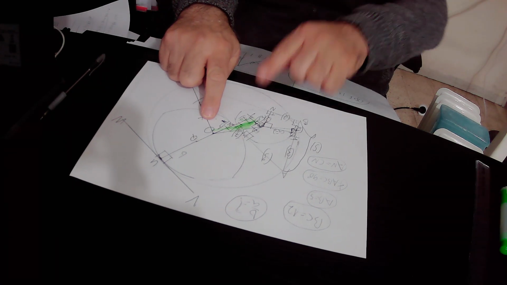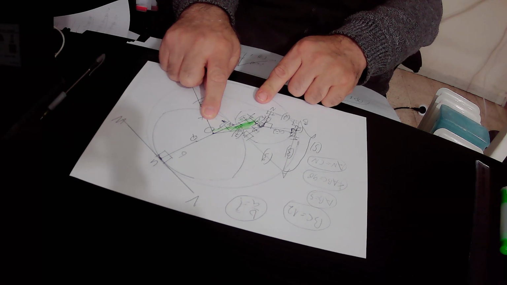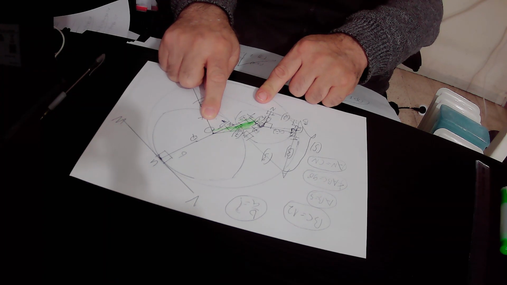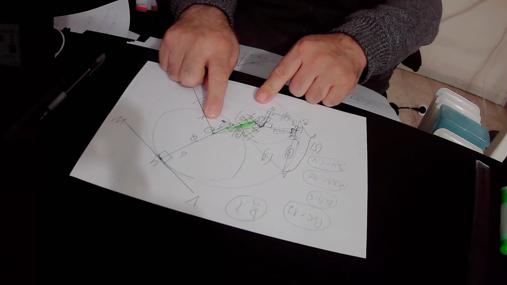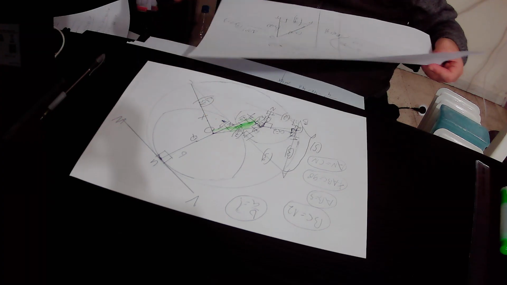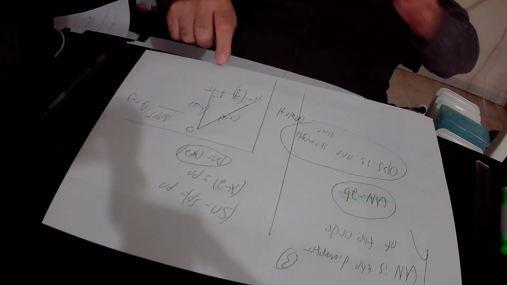And the length of OT is ON plus NT. That is to say, OT equals ON, that is h, plus NT, that is 2. So in total, OT equals h plus 2.